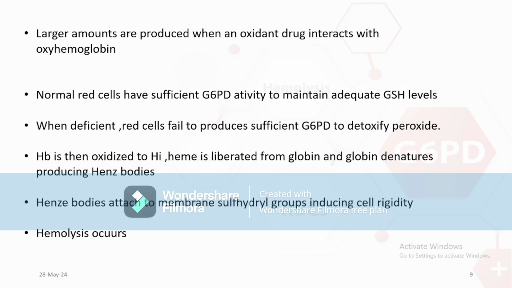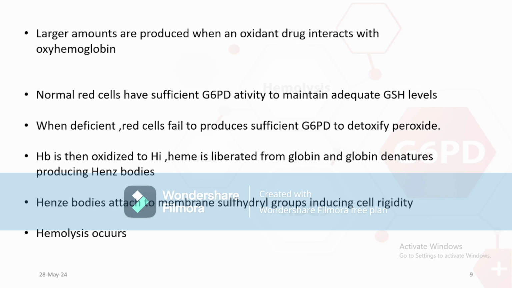And then normal red cells have sufficient G6PD activity to maintain adequate glutathione levels. Okay, so once there is deficiency, the red blood cell fails to produce sufficient G6PD, and peroxide and other oxidant species cannot be detoxified, and therefore hemoglobin is then oxidized to methemoglobin.